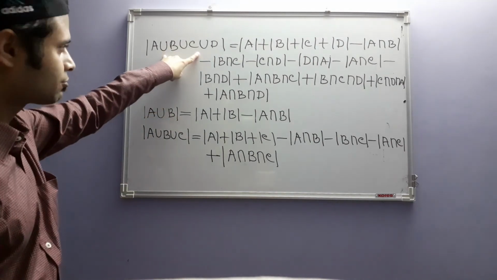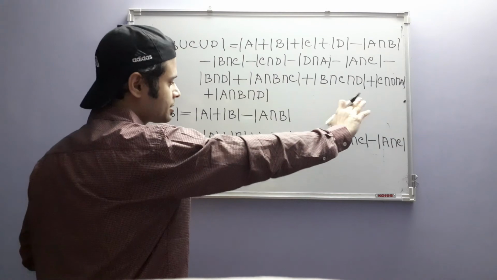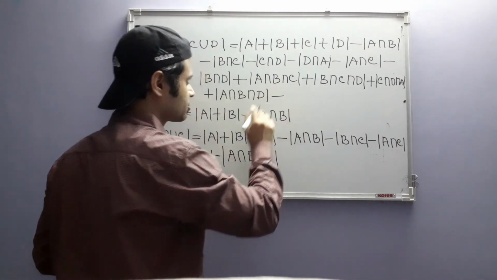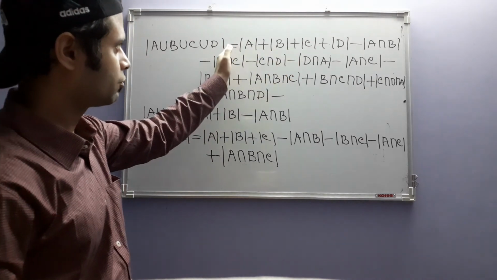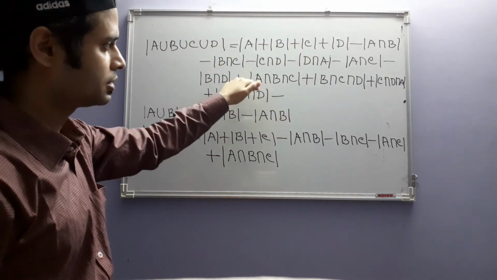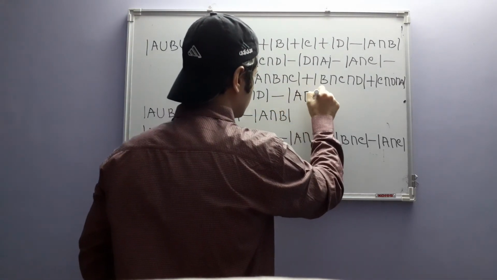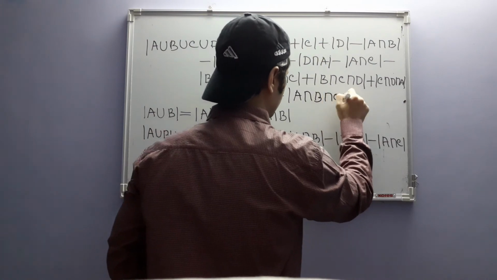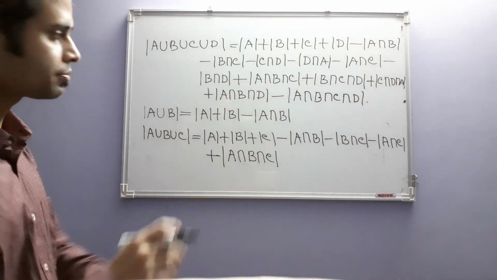Now since there are 4 sets, so that is the end. Plus, we have written plus, then again minus. So the signs alternate. First you write plus for 1 set, then minus for 2 sets, again plus for 3 sets, minus for 4 sets. So this is the formula. So this way it goes.